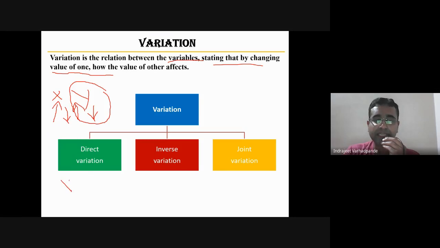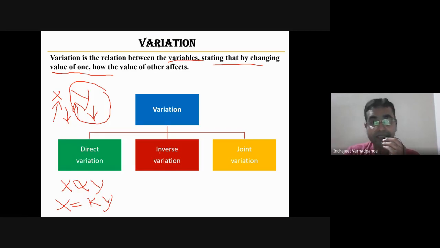In such a case we write x is directly proportional to y, and x is expressed as k into y, where k is the constant of proportionality. This is the symbol for proportion, direct proportion or direct variation, and it is converted to equal to by multiplying it by the constant of proportionality.